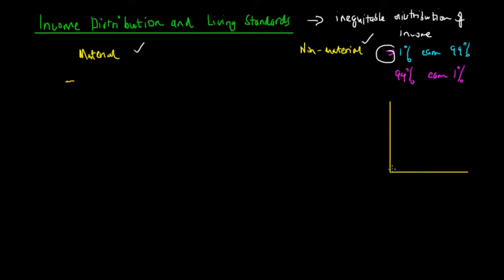Because the income distribution is so skewed to the 1% like this, where this is the quintiles and this is the percentage of total income, we see that the fifth quintile has so much of the total proportion of income, this means the 99% would have rather low material living standards.